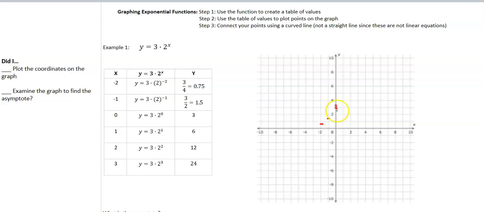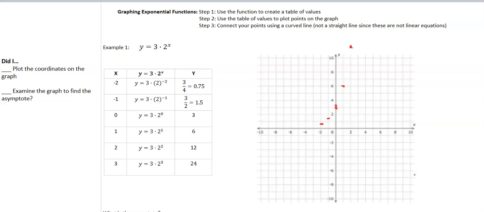We have x is equal to 1 and y is equal to 6. X is equal to 2, y is equal to 12, which is off of our graph here. It also gives us the value for when x is 3, but since it's so far off our graph, I'm not going to bother to put it on here.